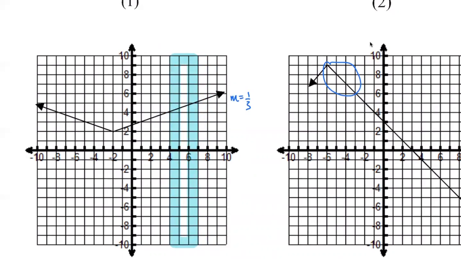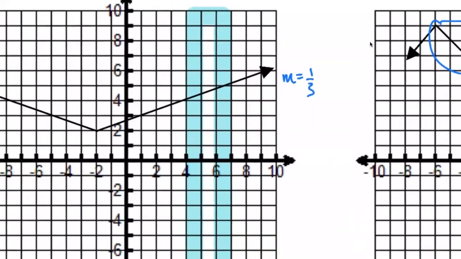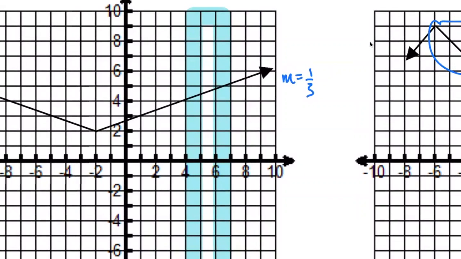In this window from 4 to 7, what is the minimum? What is the smallest value on the graph when the x value is from 4 to 7? That means we are only analyzing this portion of the graph, not the entire graph, but just this portion. So what's the y value that's the smallest in this window?